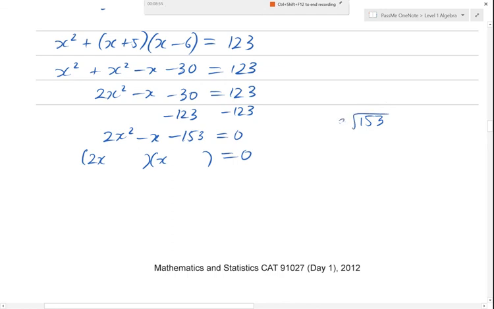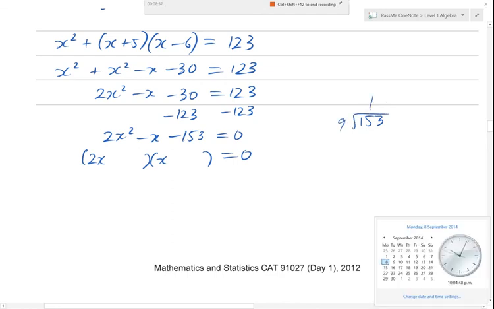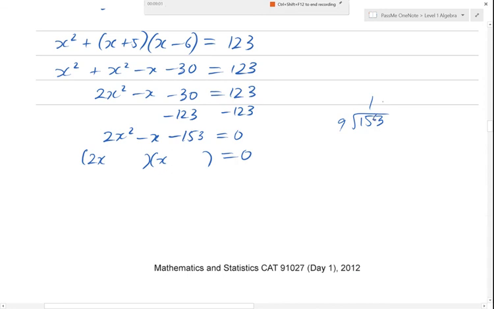So 9 goes into 15, 1, carry the 6 into 63 7 times, so 9 and 17. Oh, and if we double 9 we get 18, and that's 1 different from 17, so that's going to be our goer. So let's put that in.